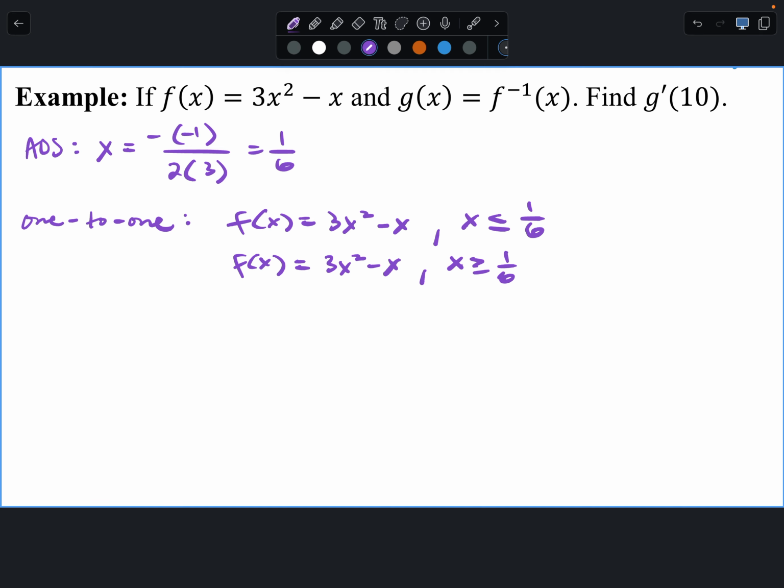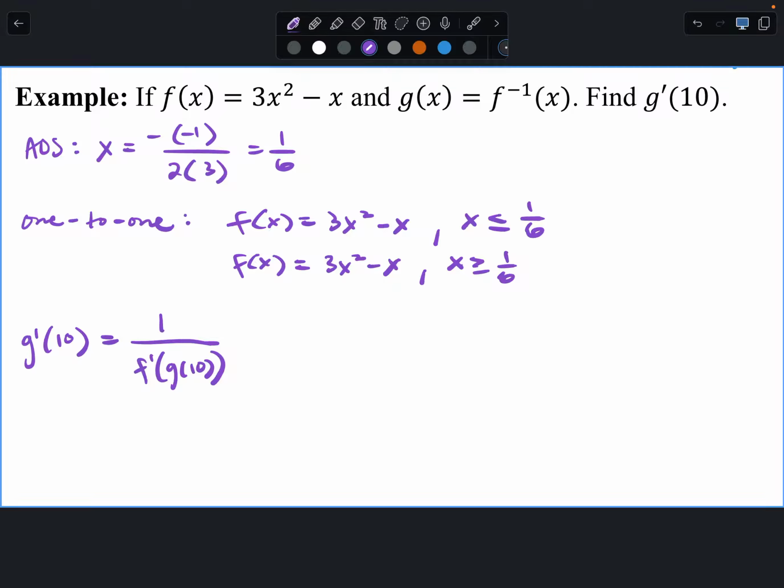Now, if we were trying to find g prime of 10, using that formula, 1 over f prime of g of 10, here's where we're going to end up with two different values for g of 10, okay?